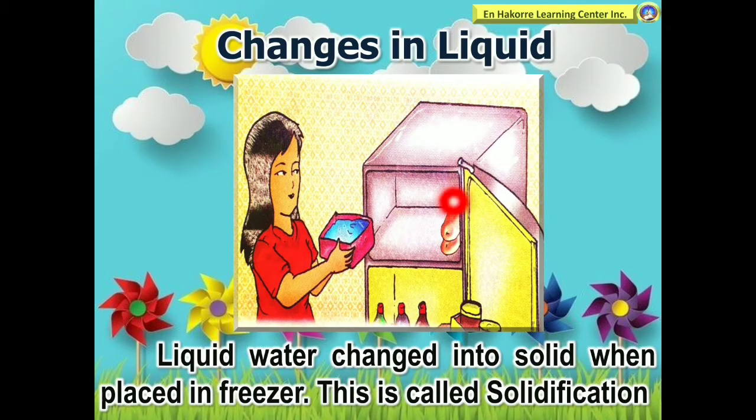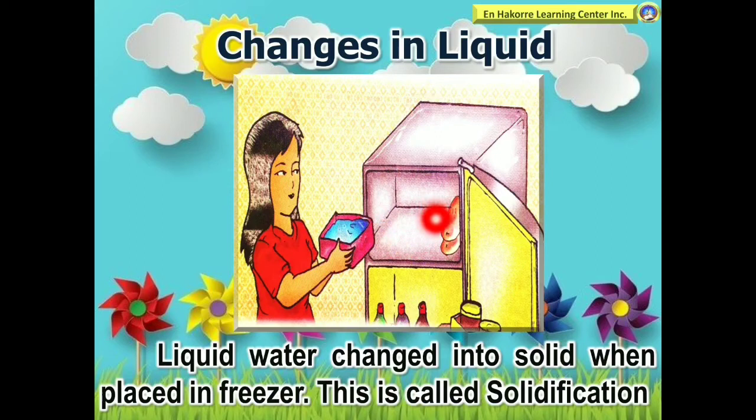So for example, here in our picture, as you can observe, the liquid water, when put inside the freezer, will become ice. So liquid water changed into solid when placed in a freezer. The freezer is a cool place.